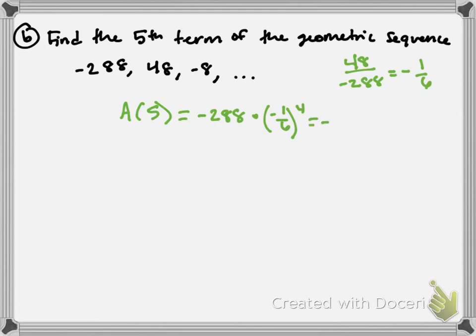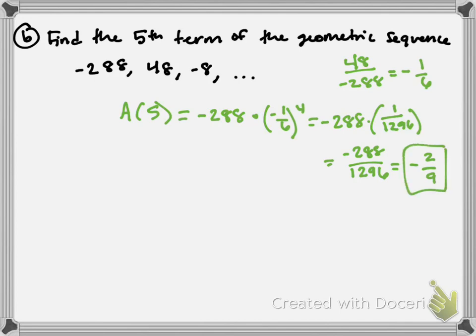This is -288 times 1 over, let's see, 6 to the 4th is 1,296. So plug that into your calculator and you should get -288 over 1296, which would end up reducing to -2/9, or the fractional equivalent. You can do it that way as well.